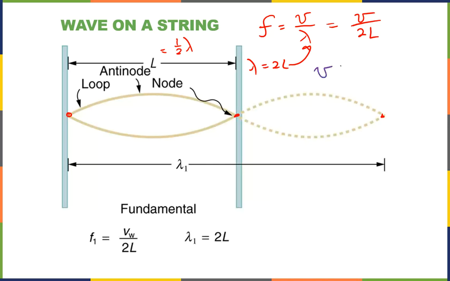Because the speed for a wave on a string is the square root of the tension divided by the mass per length. And so the strings that are fatter have more mass per unit length, which makes the wave speed slower for those strings. And if you tighten them, you'll make the wave speed faster. So that's why we have those two things that come into play.